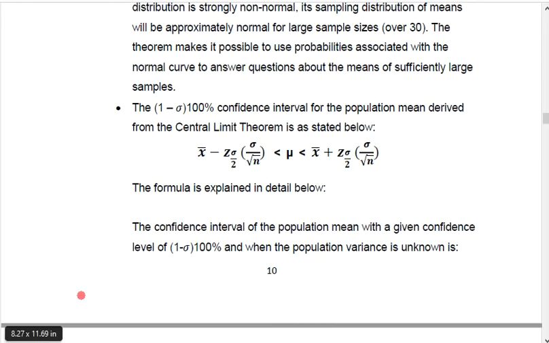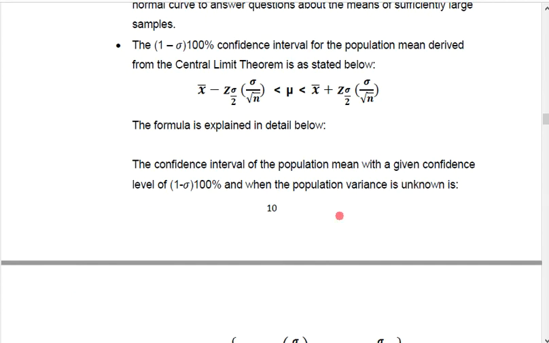Okay, the confidence interval of the population mean with a given confidence level of 1 minus a by 100%, when the population variance is known. Okay, just to give you the correct formula for this one.